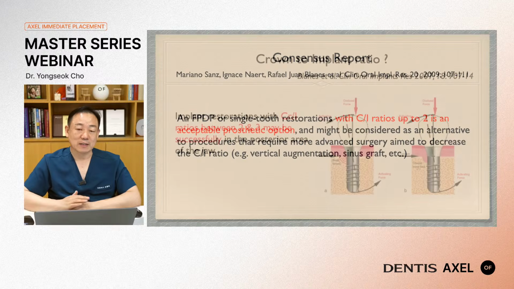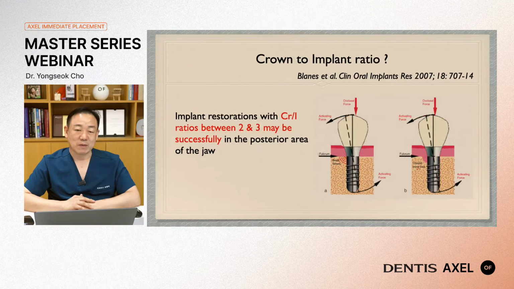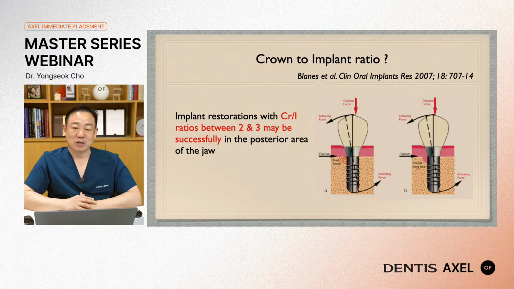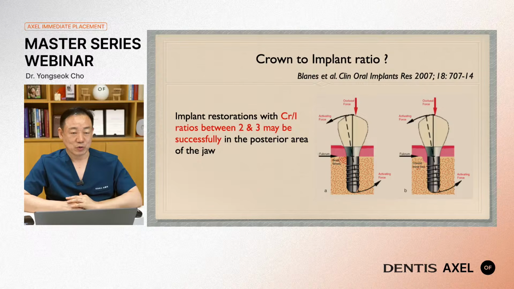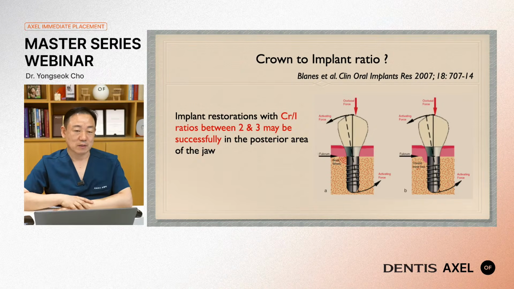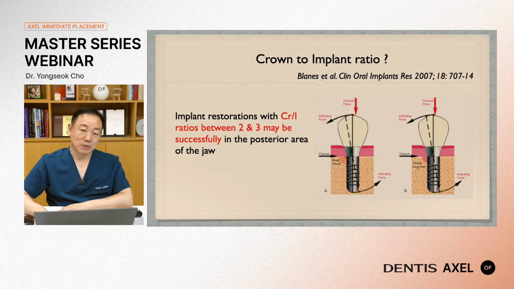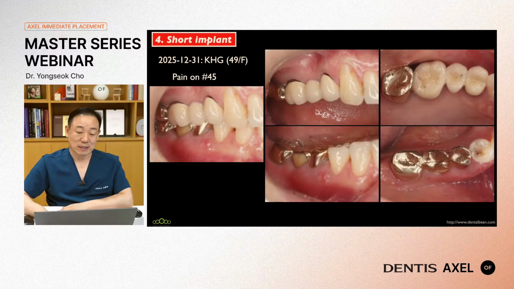And another article says implant restoration with a crown implant ratio between 2 and 3 may be successful in the posterior area of the jaw. So clinically, even if we are using extra short implant, which makes a relatively long crown, that doesn't make poor prognosis. So I don't worry about using short implant at the mandibular molar side. When patient has insufficient bone height, you can use short implant.